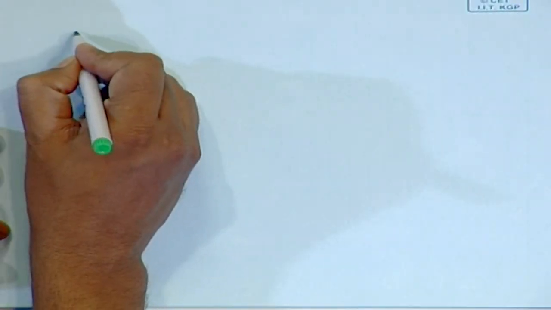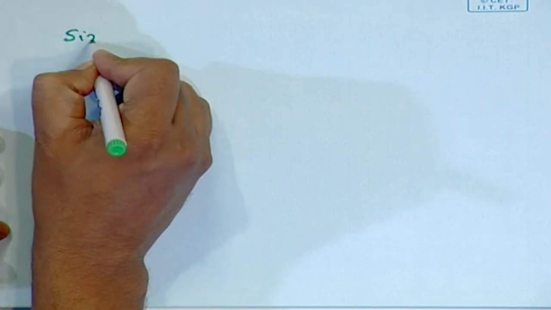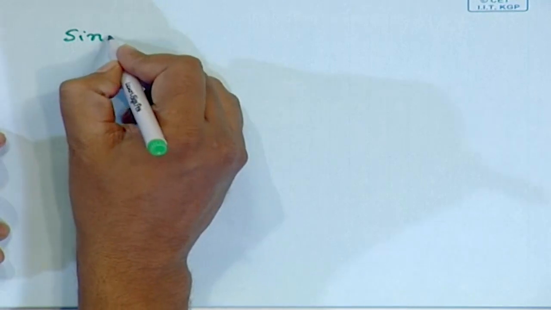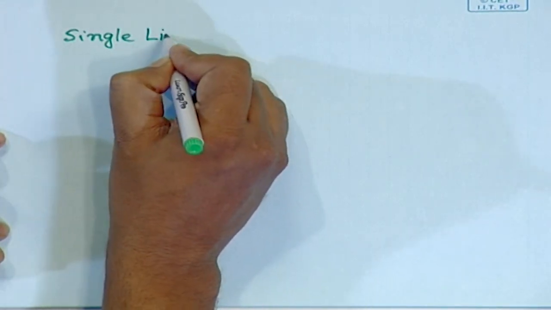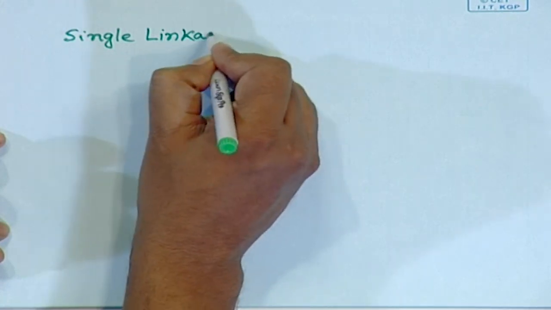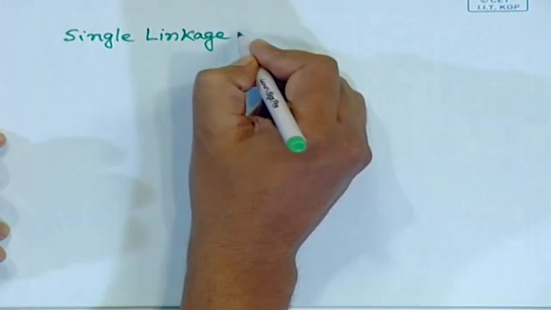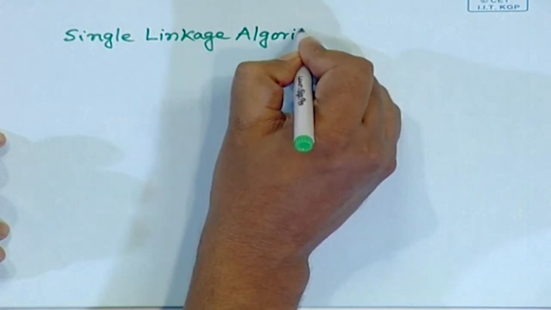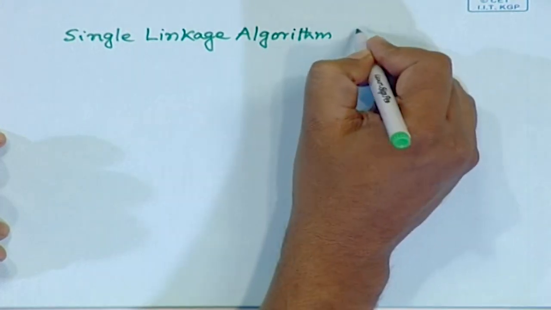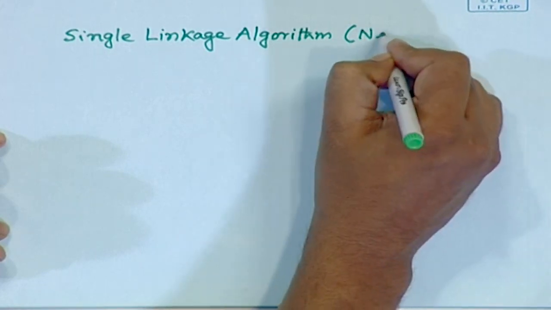One of them is called single linkage, and according to the distance measure that we use, I can have different types of algorithms. One of them is the single linkage algorithm, or this is also called the nearest neighbor algorithm.